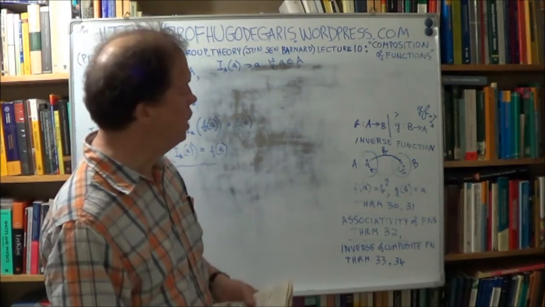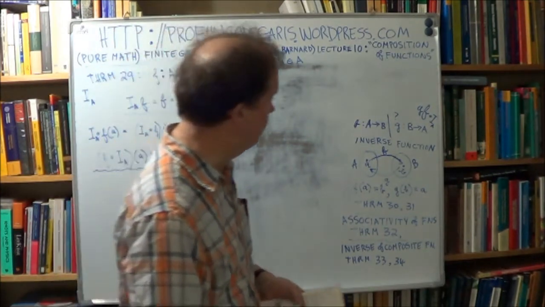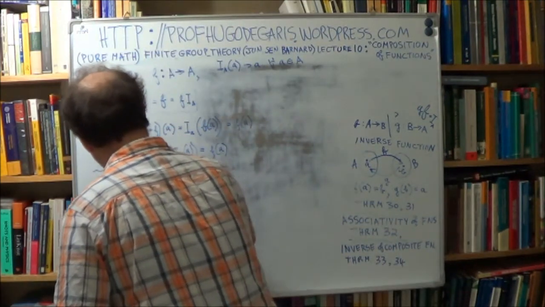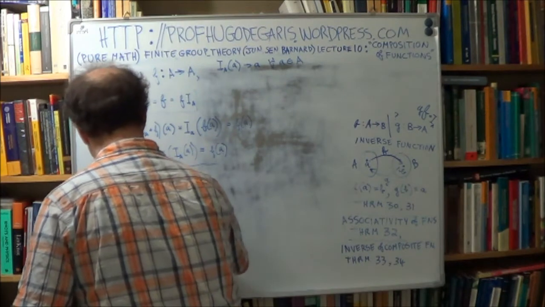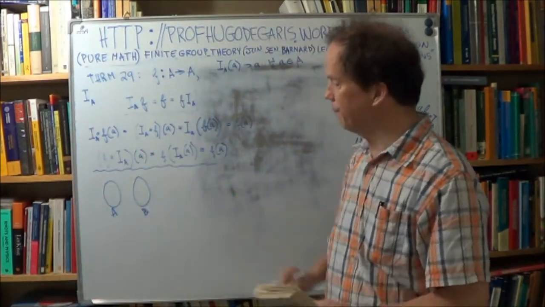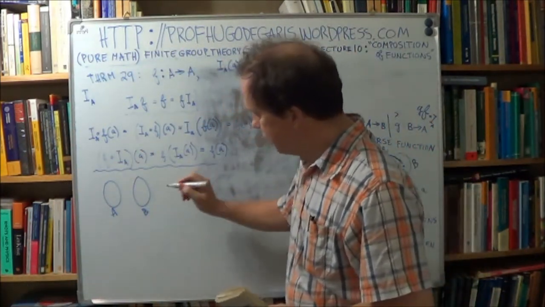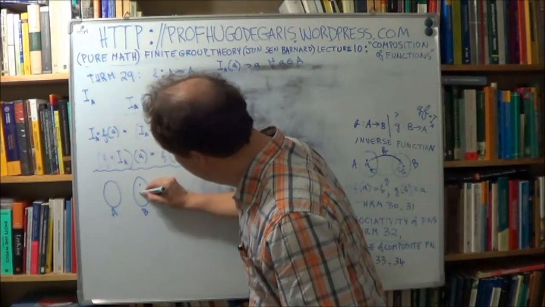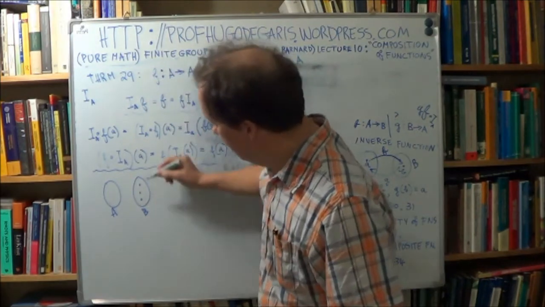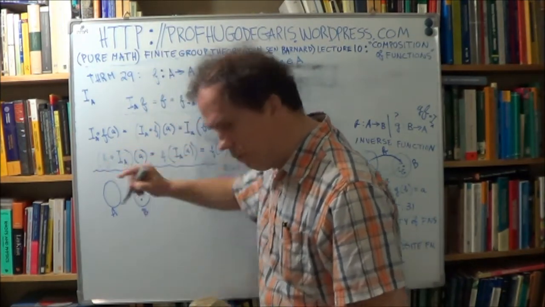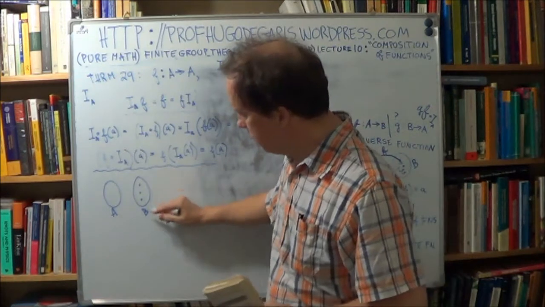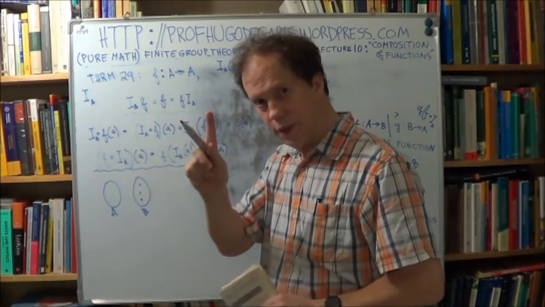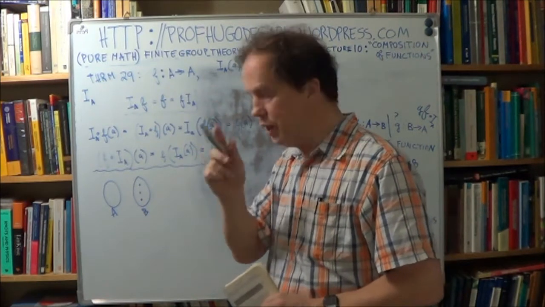If it's injective, okay, so imagine, here's A, and here's B. Now let's say f is injective. Now injective means each element in your codomain is mapped to at most once. Remember the definition of injective?